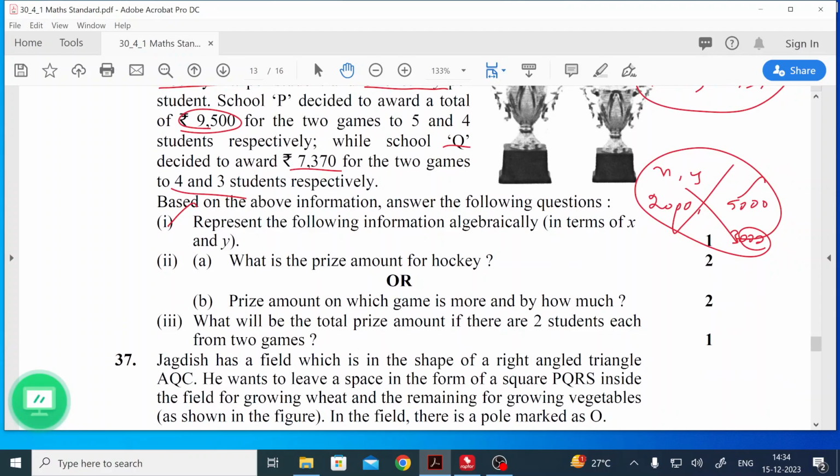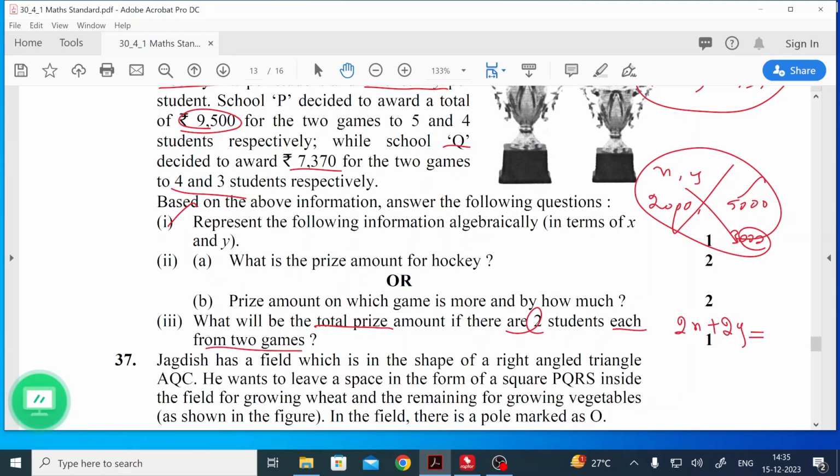What will be the total price amount if there are 2 students each from the 2 games?